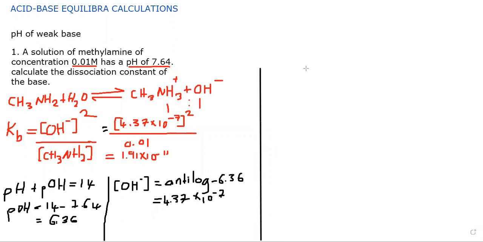If you remember the formula, Kw is equal to H plus concentration times the OH concentration. Kw is a constant. All right, its value is 1 times 10 to the minus 14.